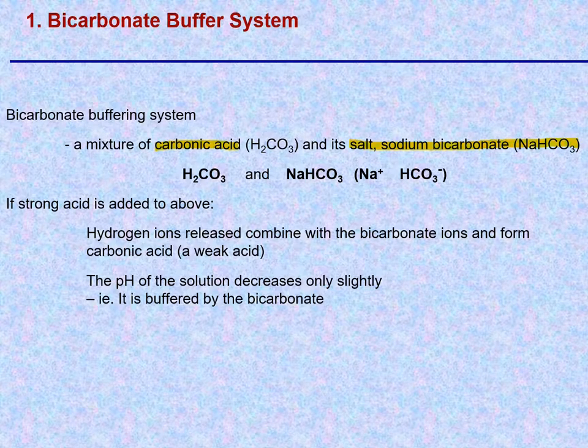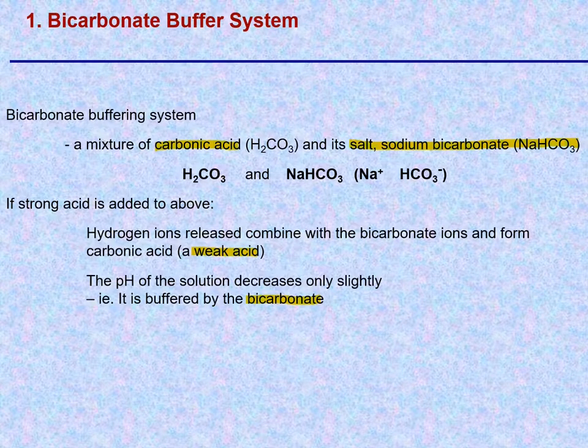And you are familiar, of course, with the idea that carbonic acid, which is a weak acid, will form when you have CO2 and water if you have carbonic anhydrase present, and then that carbonic acid will dissociate into hydrogen ions and bicarbonate. And the bicarbonate also is a buffer.